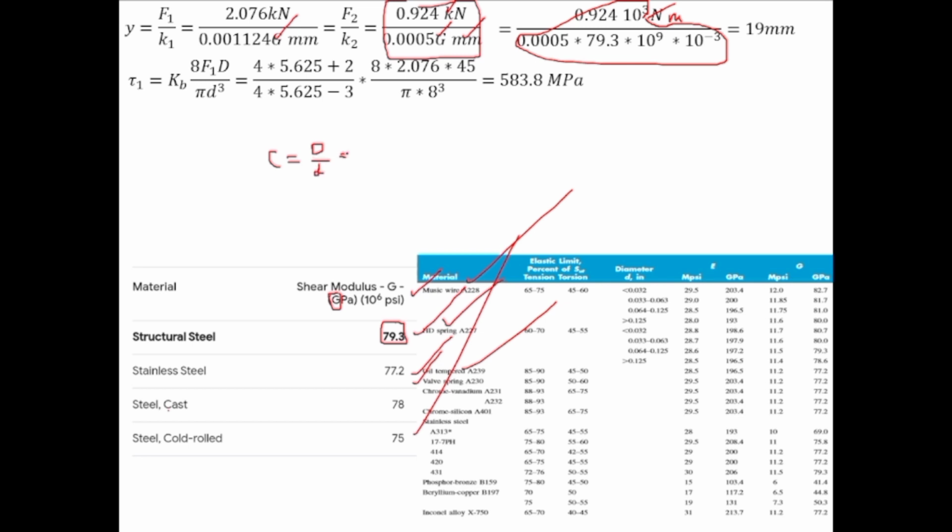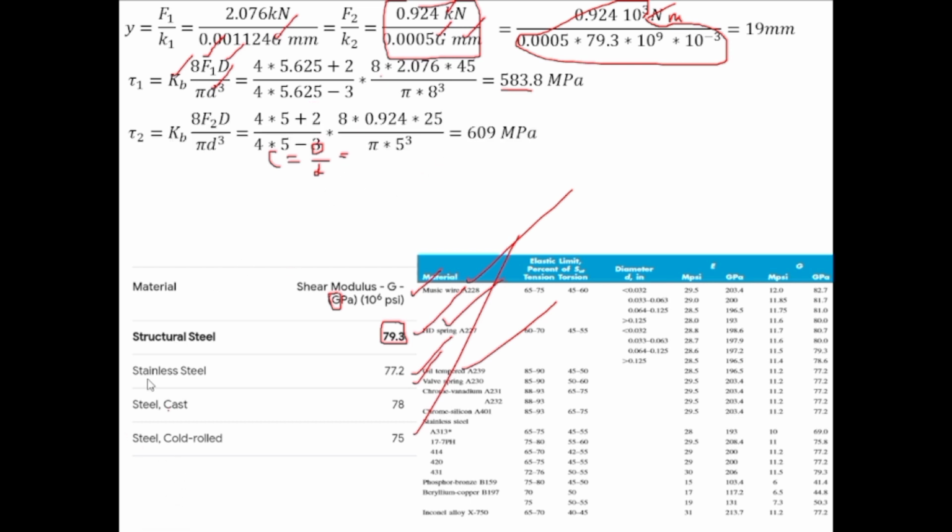As you know that mean coil diameter is 45 and wire diameter is 8, so putting these values it will give you c equals 5.625. Similarly, F1 is 2.076, mean coil diameter is 45, wire diameter is 8, and kb is 4c plus 2 divided by 4c minus 3. So putting these values it will give you 583.8 megapascal.